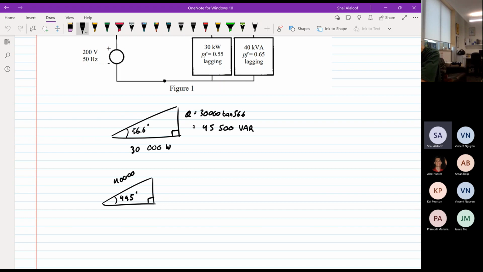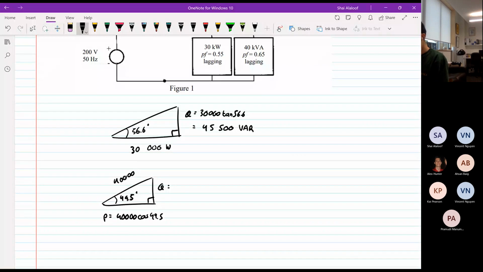So this also gives you enough information to calculate P and Q. P, if you use the cosine function, cos 49.5 is P over 40,000. So P is 40,000 cos 49.5, which is about 26,000 watts.